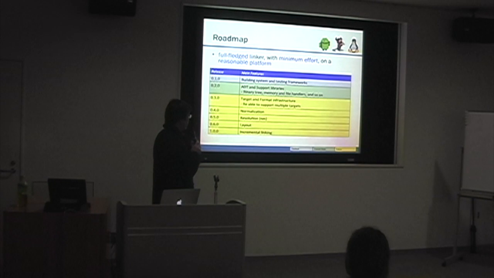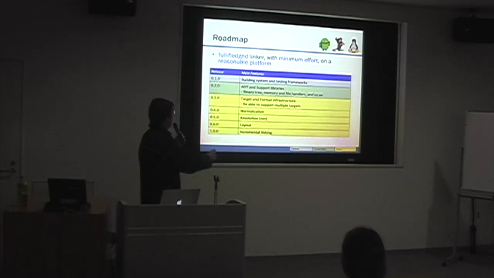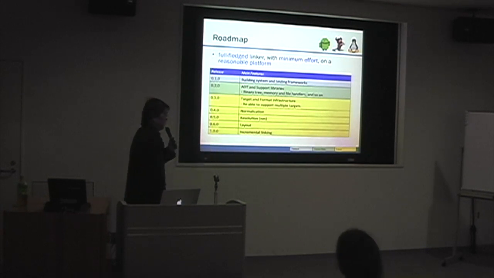It will touch the file system over and over, so good file handling is very important for linkers. And after we finish the basic ADT and support, we will put the target and format infrastructure in place, and then we will implement the fourth stage. Hopefully, we can support NM when we complete the resolution part.